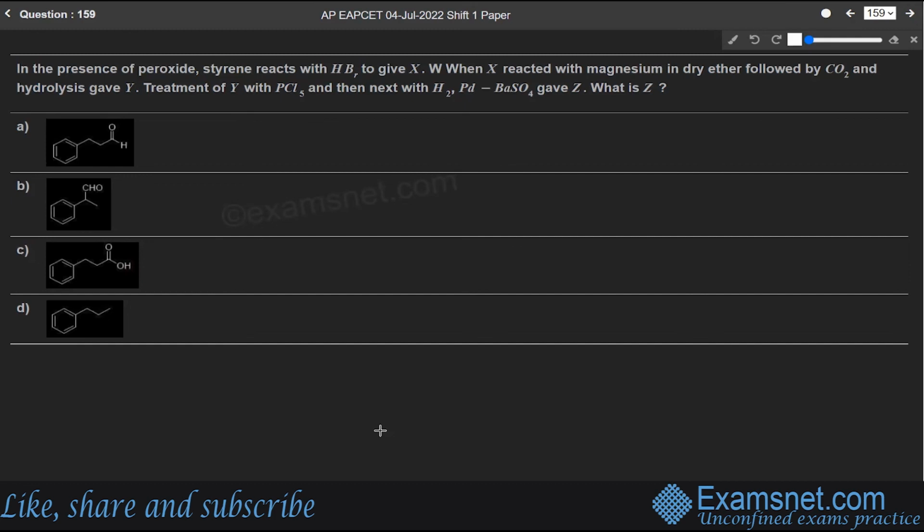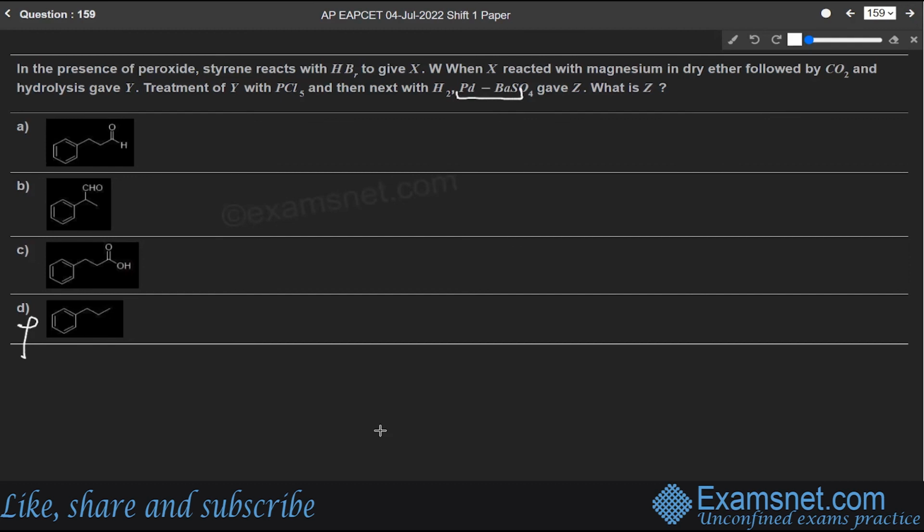Lastly, they are giving us palladium BaSO4. So obviously option D would be eliminated because it would not come as an answer. So the answer would come from A, B, C, right?